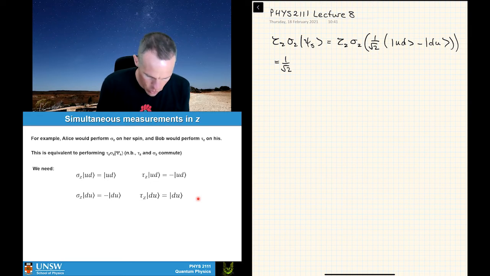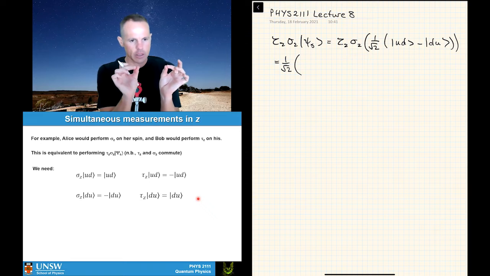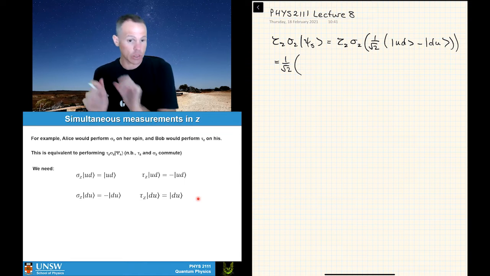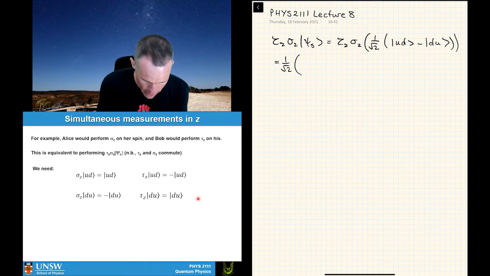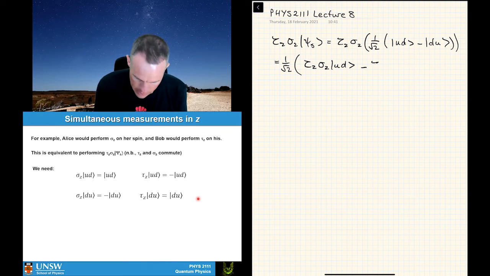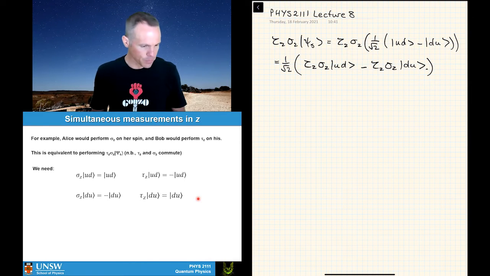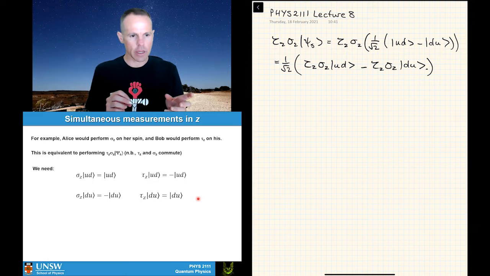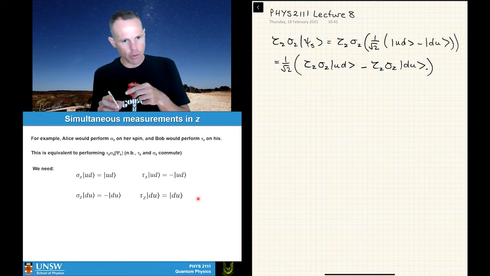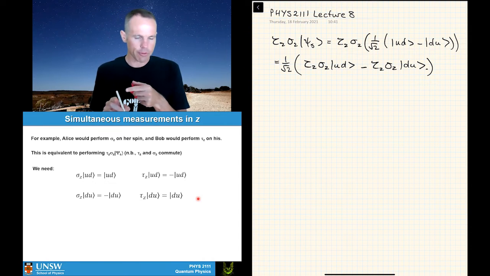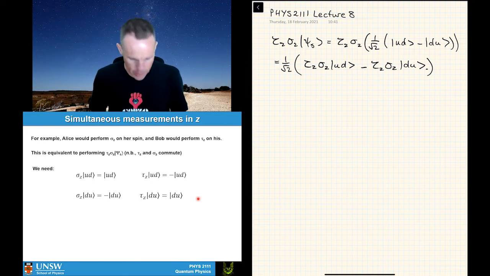And now what I can do is basically have the tau z sigma z operator operate on the two states inside, right? So what I would have is tau z sigma z up, down, minus tau z sigma z down, up, like so. So first thing that's going to happen here is that the sigma z operator is going to operate on the left-hand element of the state because that's the first measurement.